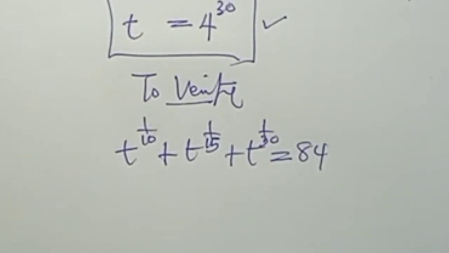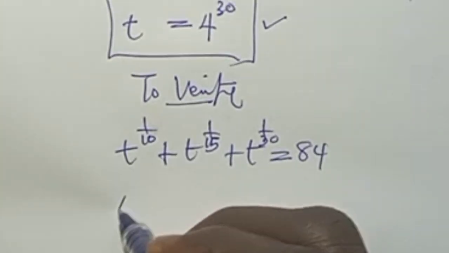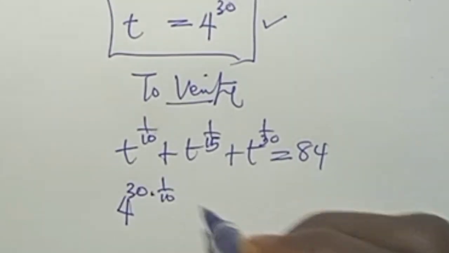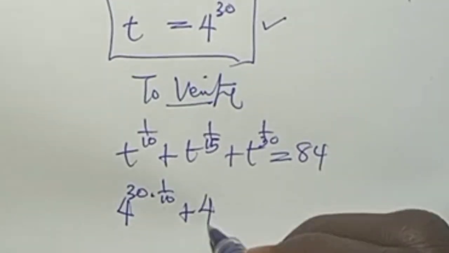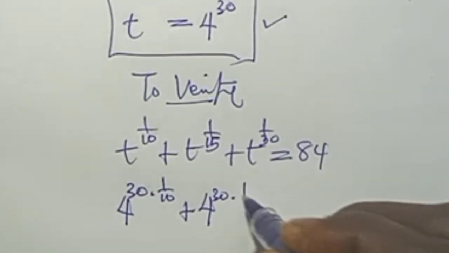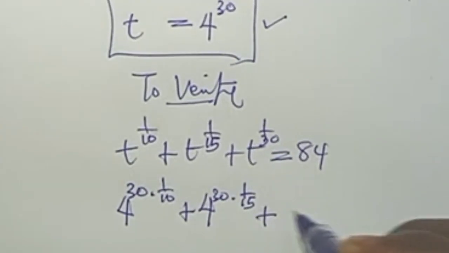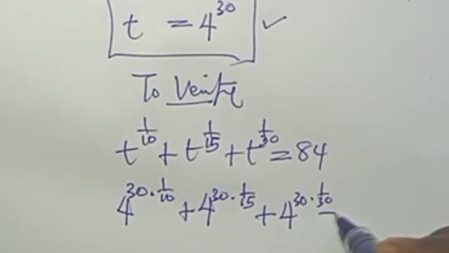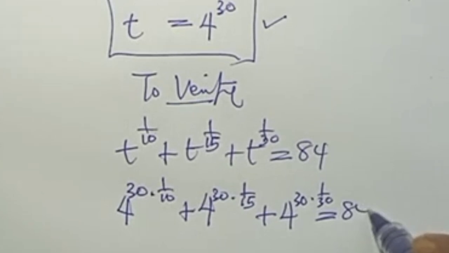So when we replace t with 4 to the power of 30, that is 4 to the power of 30 times 1 over 10 plus 4 to the power of 30 times 1 over 15 plus 4 to the power of 30 times 1 over 30, could this be equal to 84?